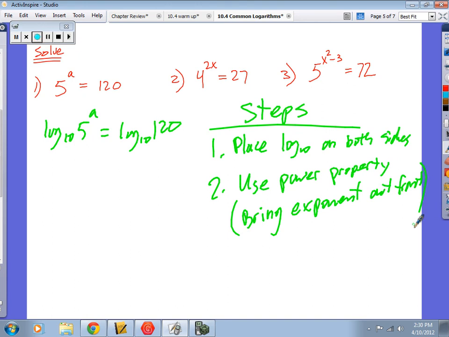So step number 1, put log in base 10 on both sides. Step number 2 is going to be a times log in base 10 of 5 equals log in base 10 of 120.